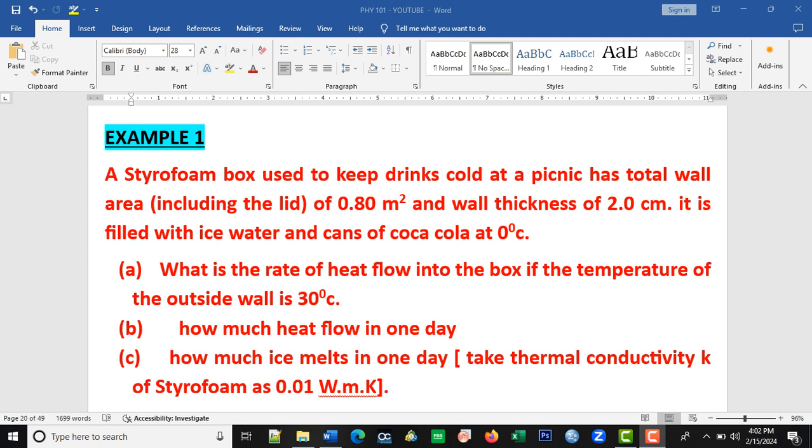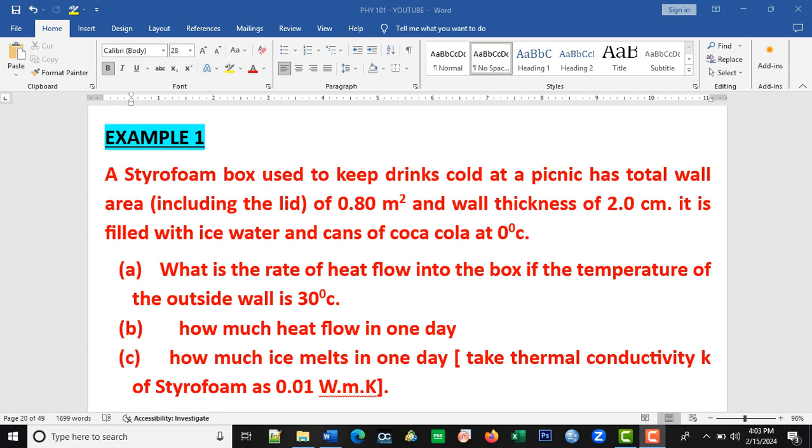So we are going to convert this to meters by dividing by 100, and then we have the temperature of the box to be 0 degrees Celsius, and we are asked, at the first option here, to estimate the rate of heat flow into the box, and we are given the second temperature, which is the hotter side of the environment, 30 degrees Celsius.